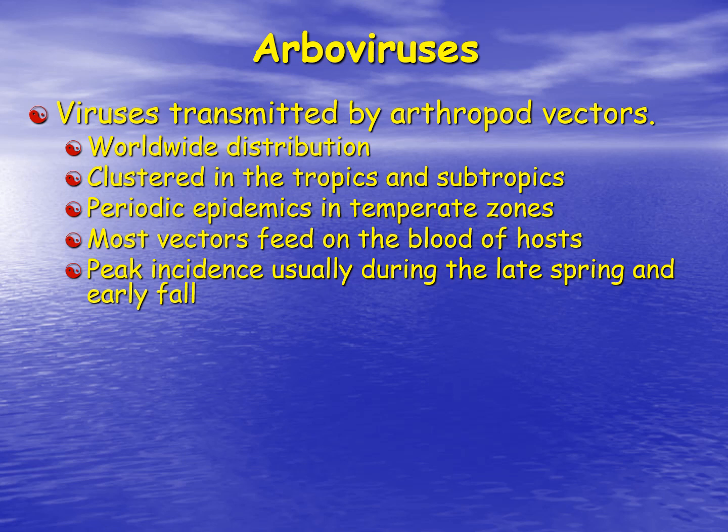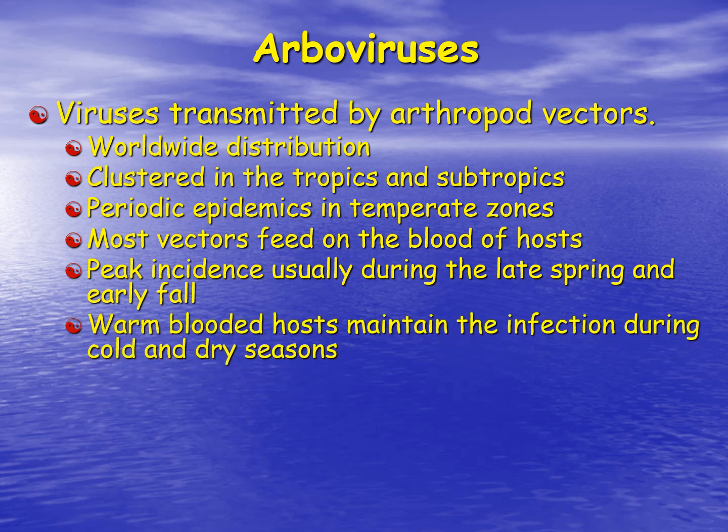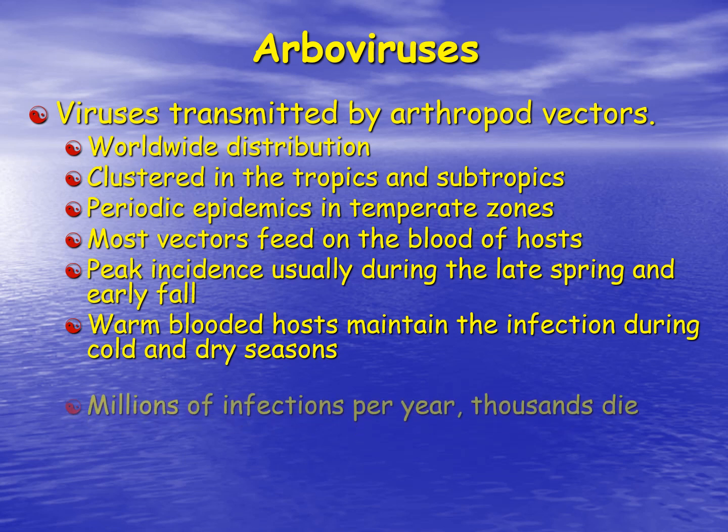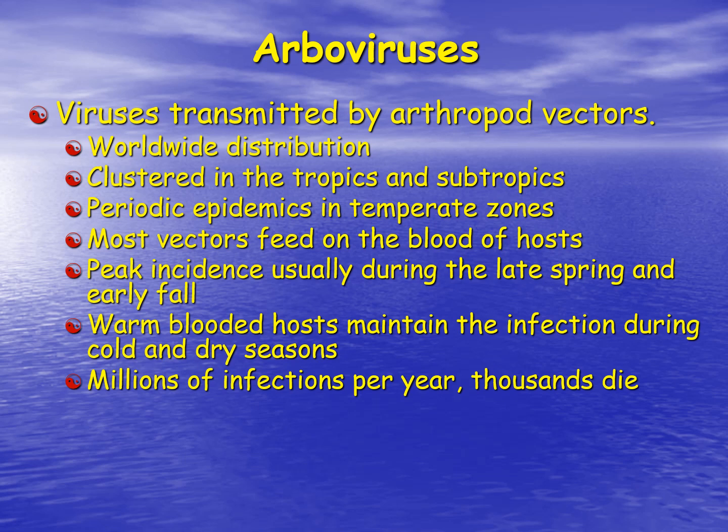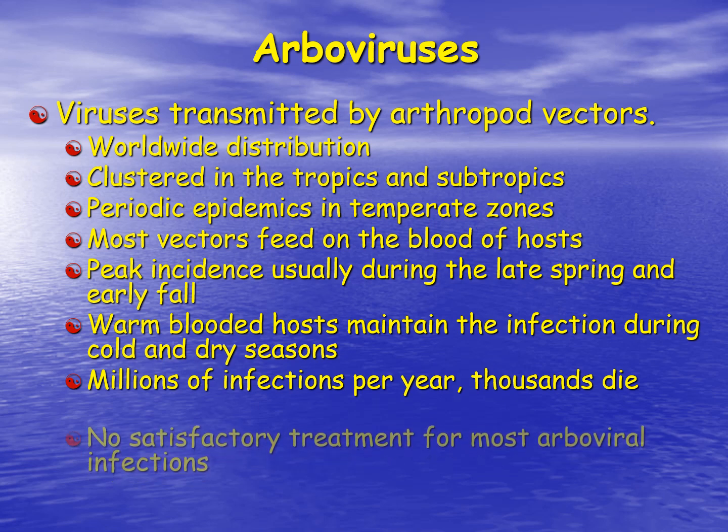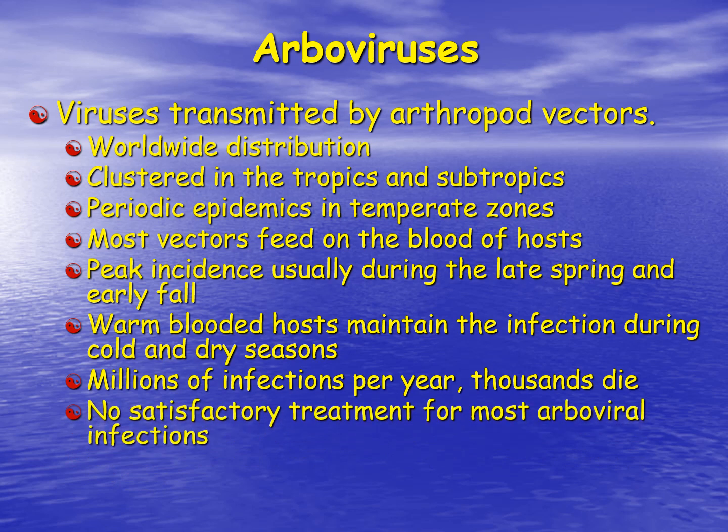Peak incidence usually occurs during late spring and in early fall. Warm-blooded hosts maintain the infection during the cold and dry season, and millions of individuals are infected every year and thousands actually die. There really is no satisfactory treatment for most arboviral encephalitis, and so oftentimes patients are just treated symptomatically.